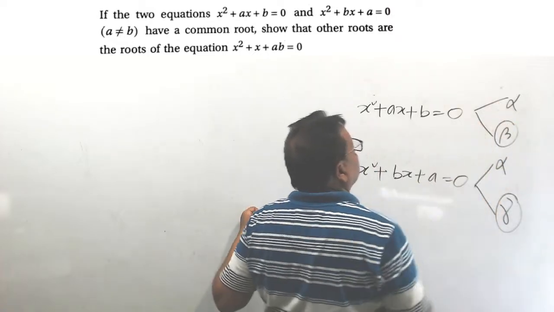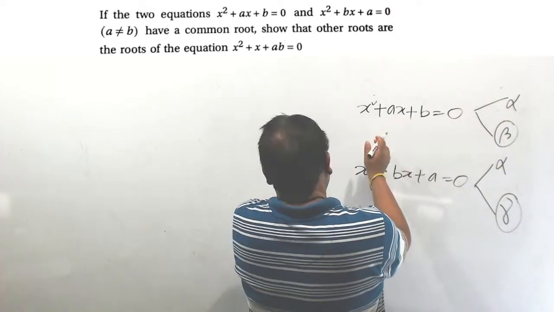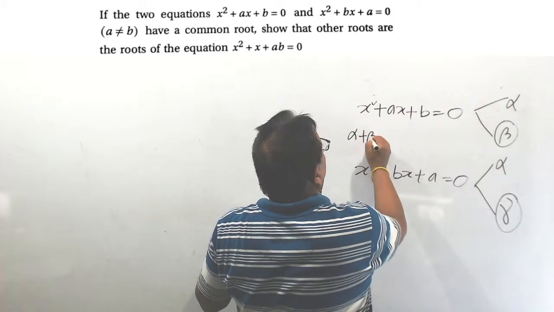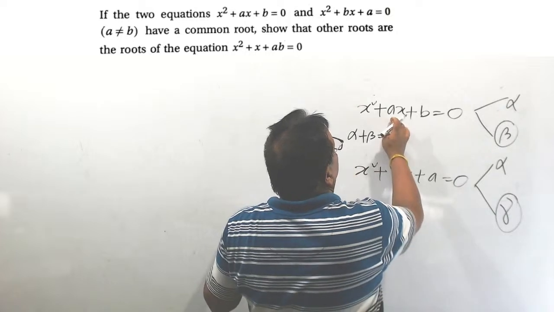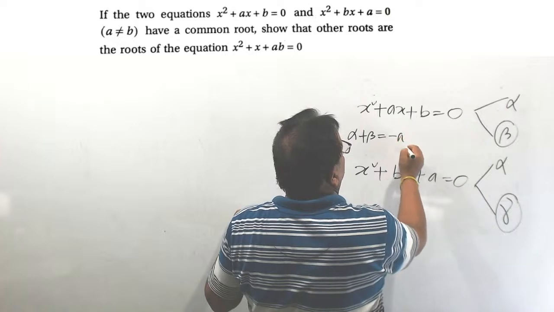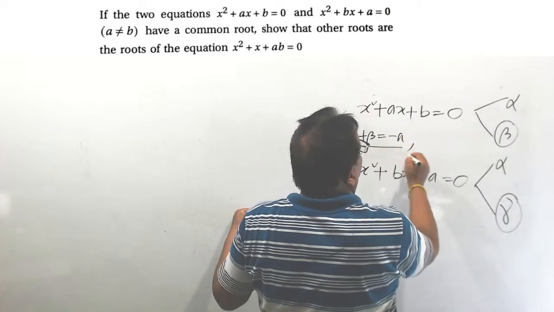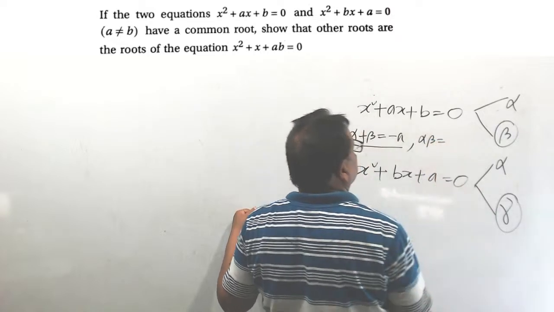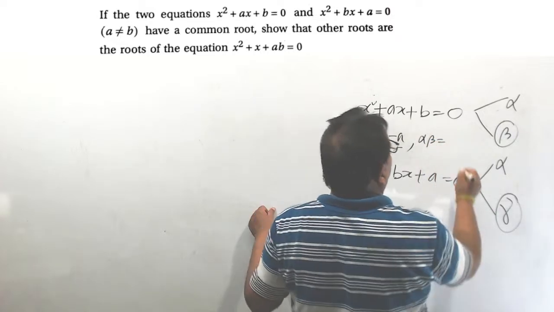Now see, alpha and beta are the roots of this equation. So what will we get? Sum of the roots, that is alpha plus beta is equal to minus b by a, that means minus a. And product of the roots, alpha beta is equal to c by a, that means b.